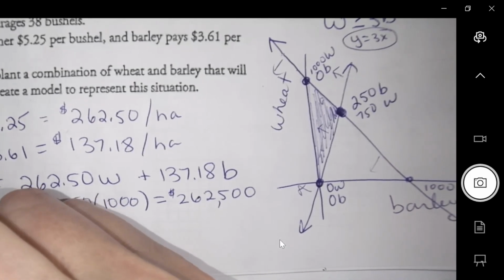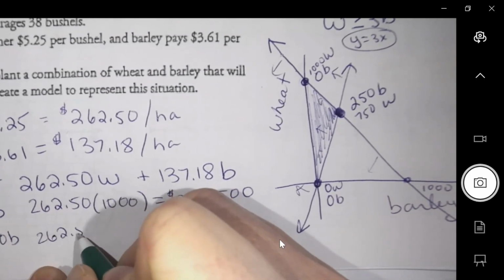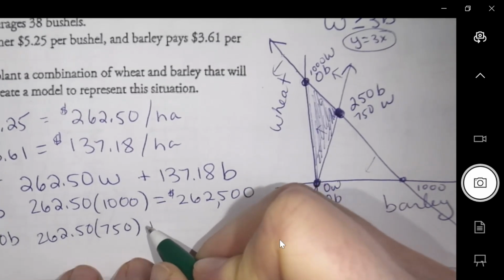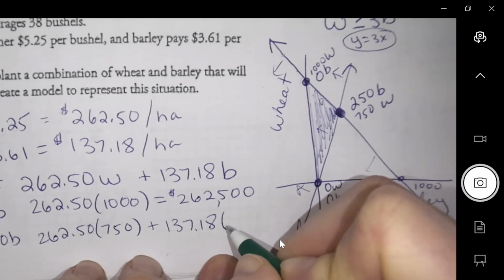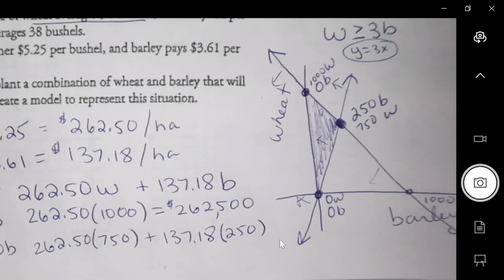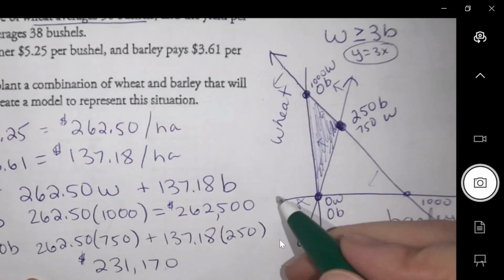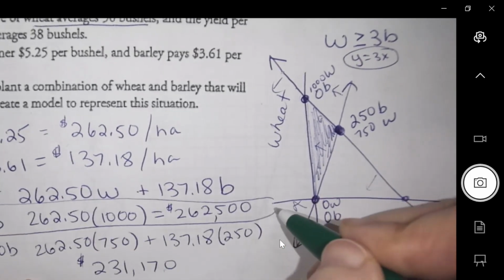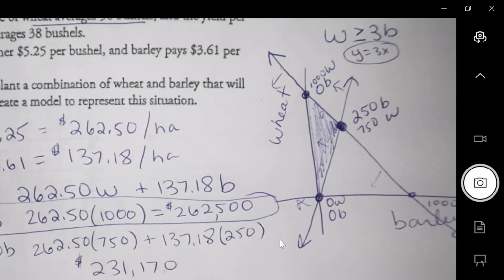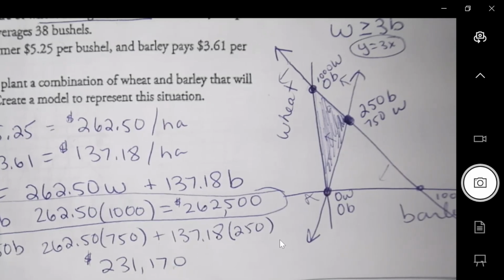So the other point says if you were to do 750 wheat and 250 barley, how much money would you make? So in the end, I was getting that the best option was just to go all wheat.